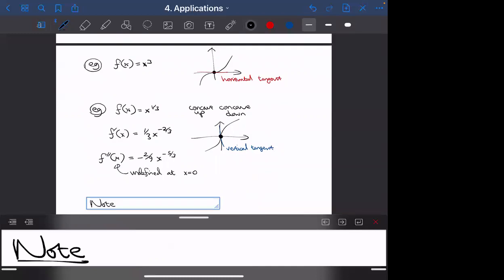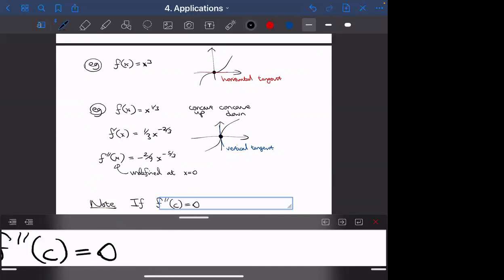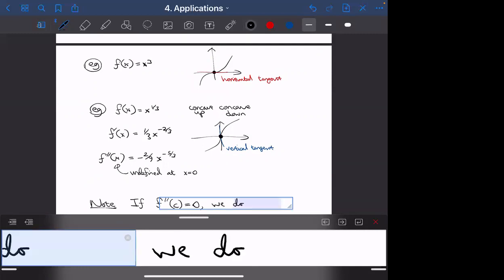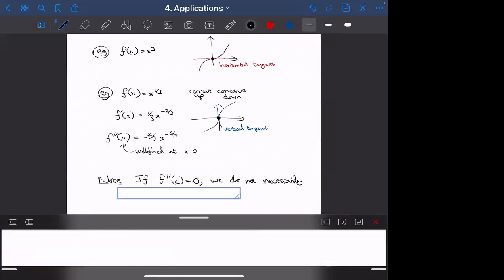So note, if f prime prime c equals 0, we do not necessarily have an inflection point.